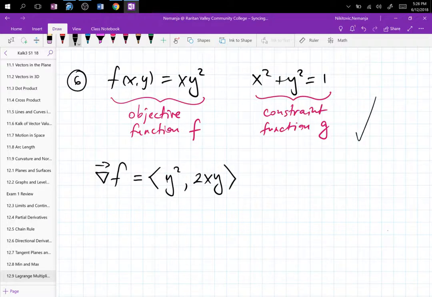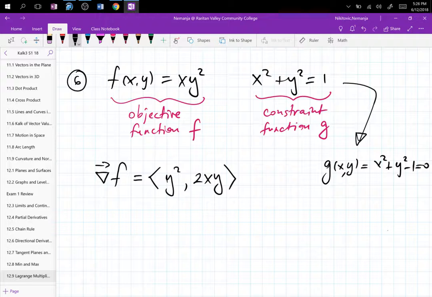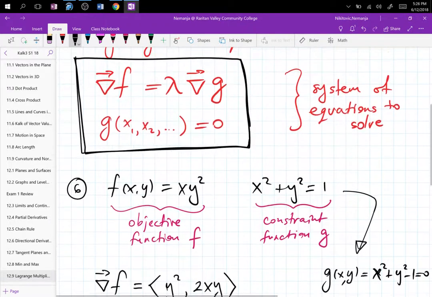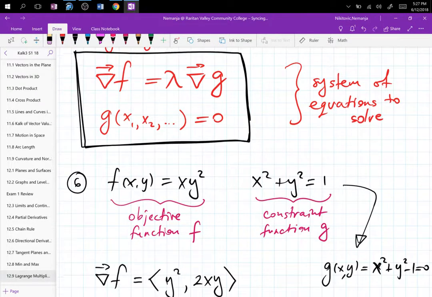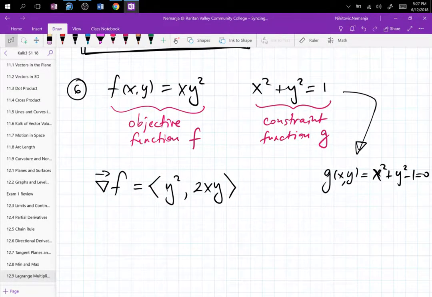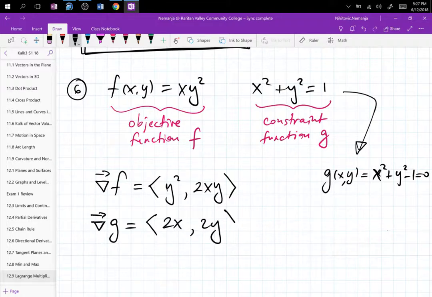Now, we would write g of x, y in the implicit form: x squared plus y squared minus 1 equals 0. See how it's equal to 0 over here? 0 is the implicit form. Now, when everything is on the left, you can find your del g. The partial derivative with respect to x is 2x, and with respect to y is 2y.